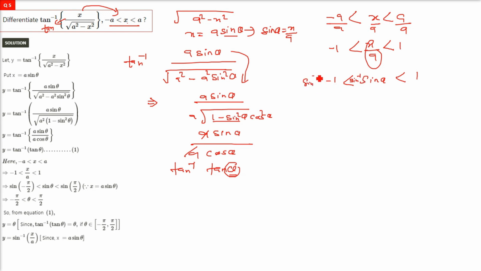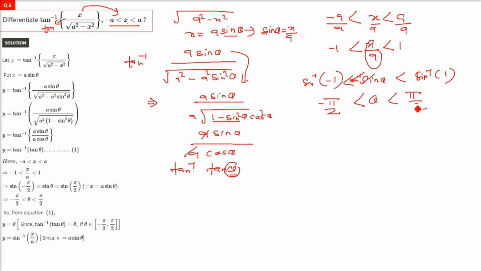Or you can just say that, okay, when we have minus 1 and 1, what will be the value of that angle? So sin inverse 1 and sin inverse negative 1. So this gets cancelled. You have theta, sin inverse negative 1, so it is negative pi by 2, minus 90 degree. Sin inverse 1 is pi by 2, which is positive pi by 2, basically 90 degree.